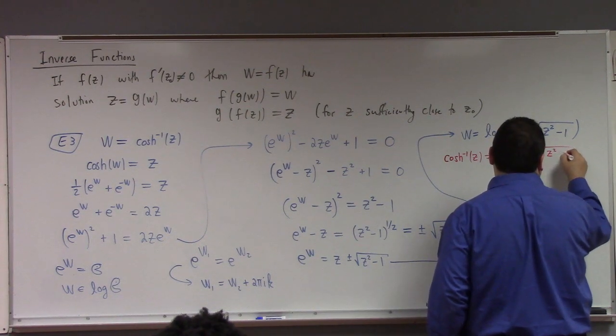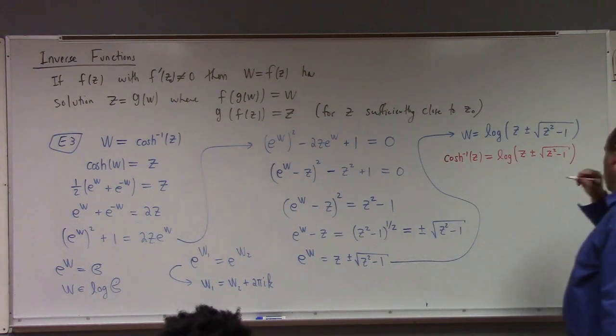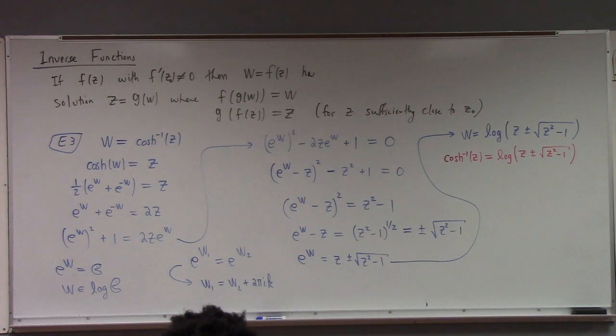For that matter, you could also choose a different branch of the square root function there as well. So you have both of those options in play here. Which choice you want to make for the log and for the square root depends on the application.